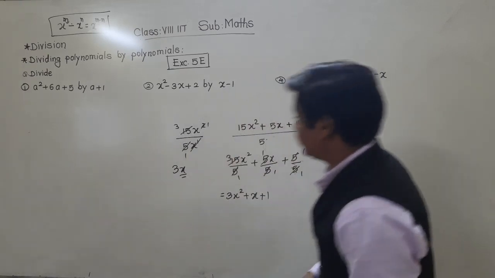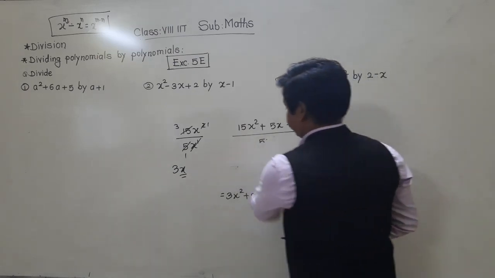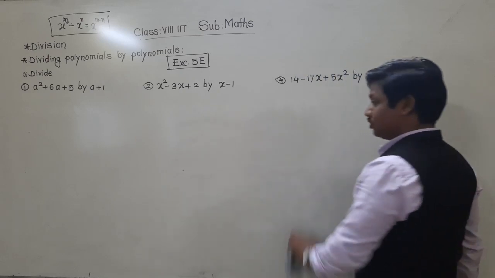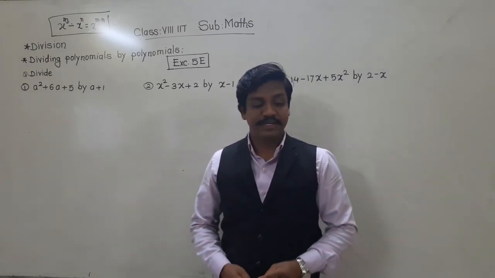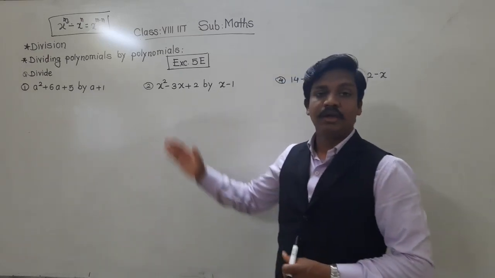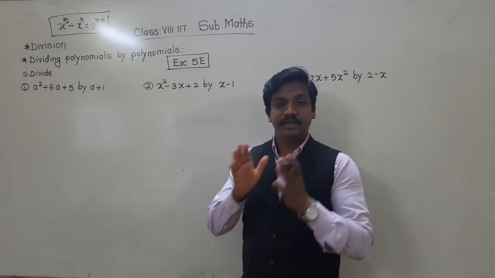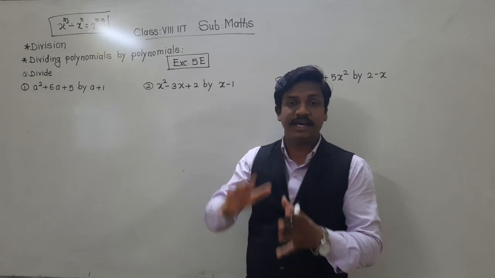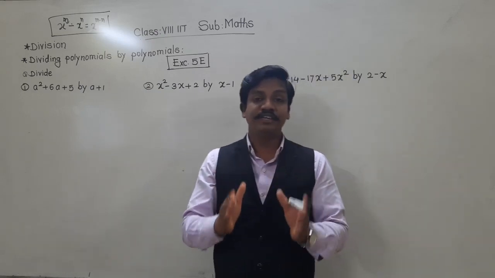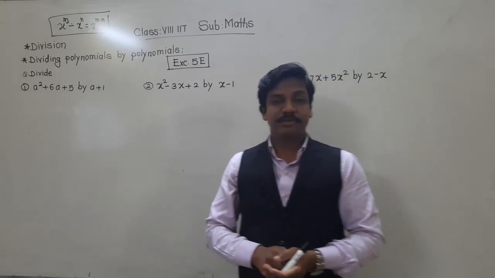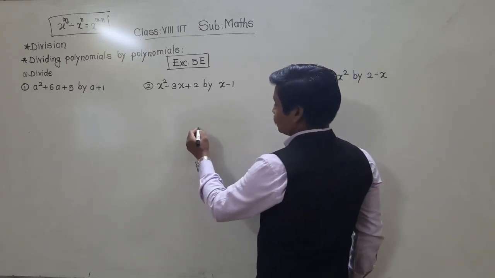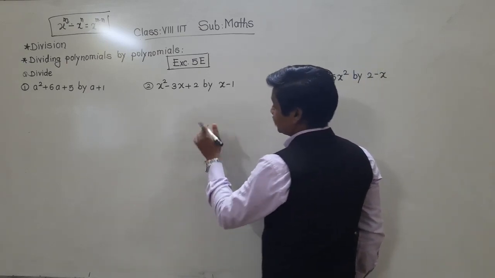Now, how to divide a polynomial by a polynomial? Pay attention very carefully. Remember students, when there is division of polynomial by polynomial, we have to use the long division method. If you remember the long division method, we use it for dividing big numbers.